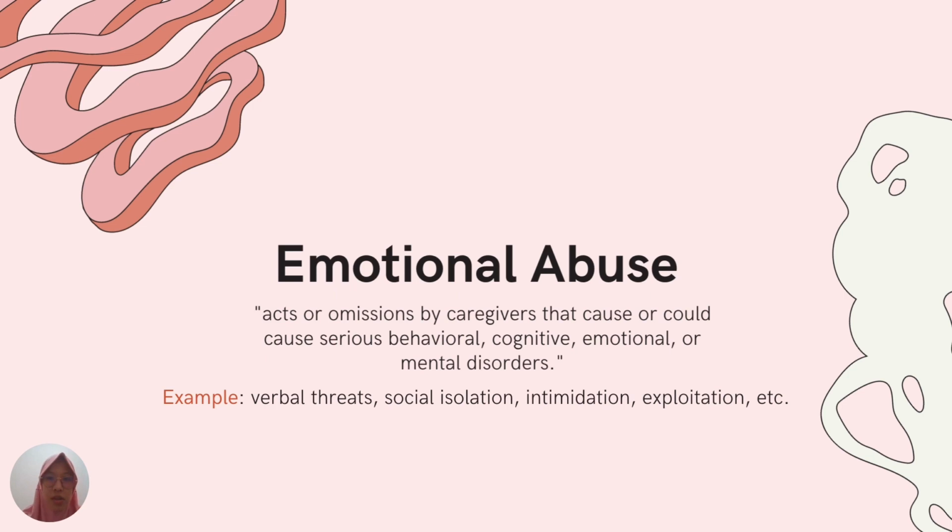So it can be the act of adults that causes harm, or the lack of acts, or omissions of acts, that causes harm to the children's developmental process. Examples of emotional abuse include verbal threats, social isolation, intimidation, exploitation, terrorizing, constant criticism or rejection.